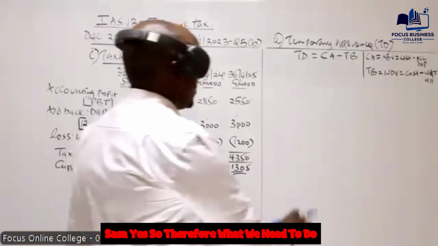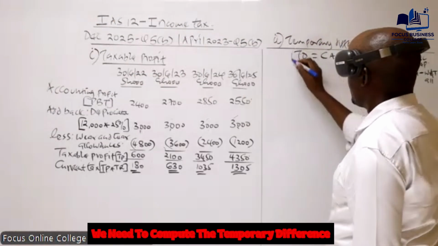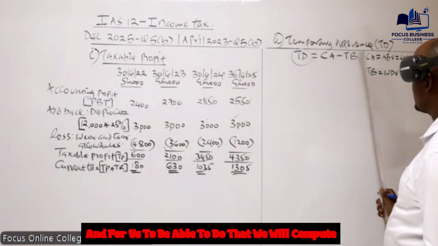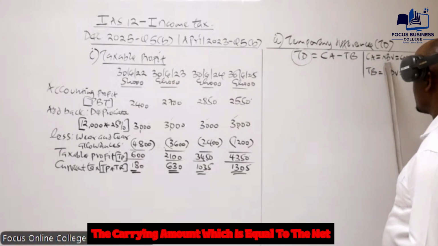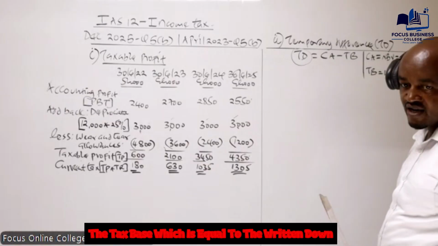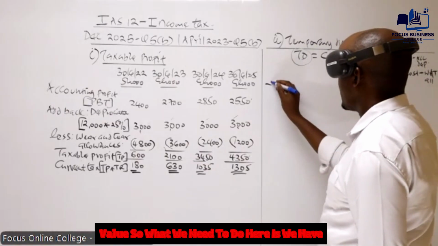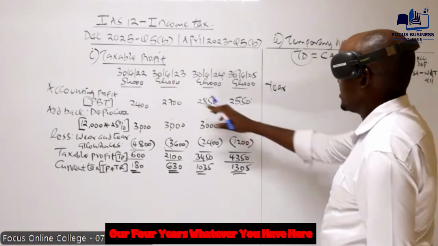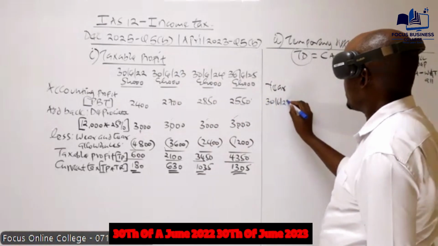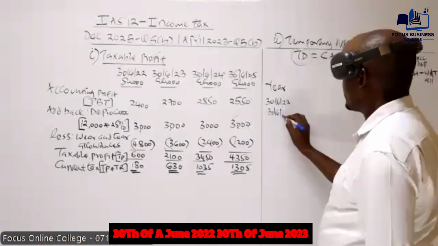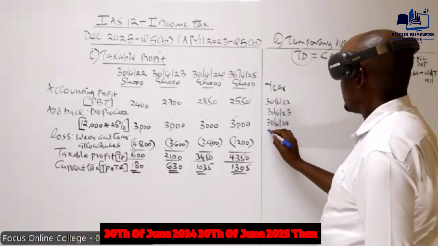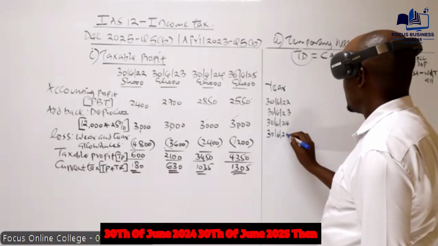So what we need to do is compute the temporary difference for the 4 years. For us to be able to do that, we will compute the carrying amount, which is equal to the net book value, for the 4 years. We compute the tax base, which is equal to the written down value. So we have our 4 years: the year of June 2022, June 2023, June 2024, June 2025.